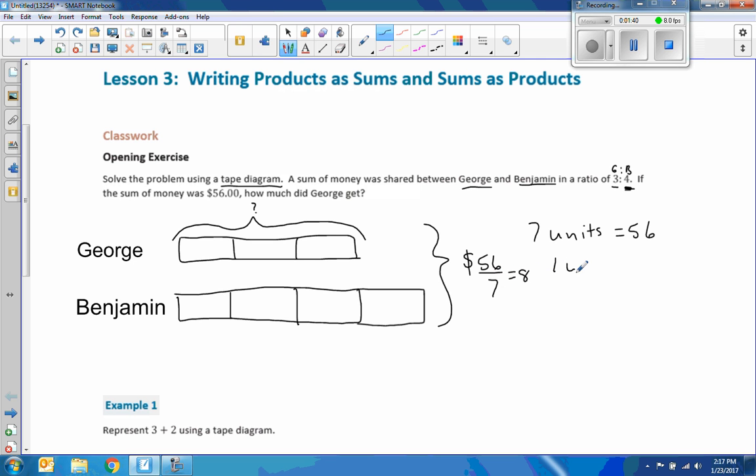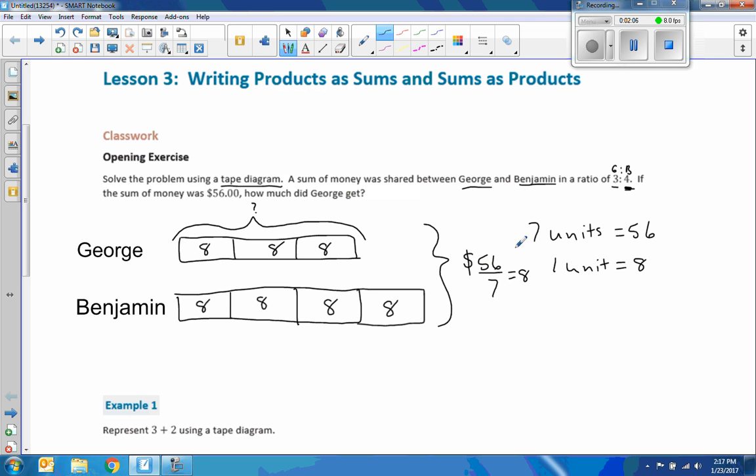So 1 unit equals 8. Now I know that this is 8, that is 8, that is 8, and so on. And that's what a tape diagram means. Every single piece is an equivalent amount. So 8 times 4 is 32, 8 times 3 is 24, 32 plus 24 is indeed $56.